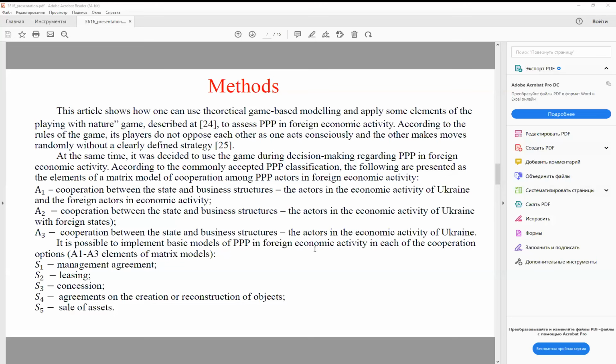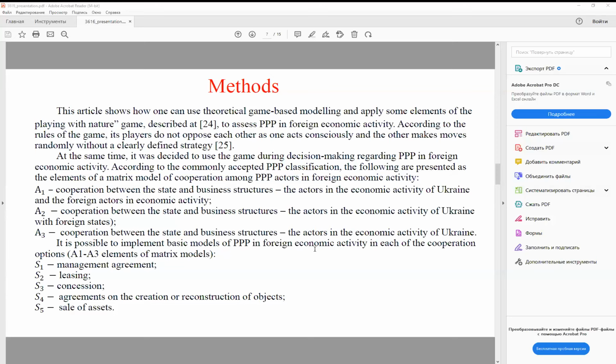According to the rules of the game, its players do not oppose each other, as one acts consensually and the other makes moves randomly without a clearly defined stage. At the same time, it was decided to use the game during decision-making regarding PP in foreign economic activity.